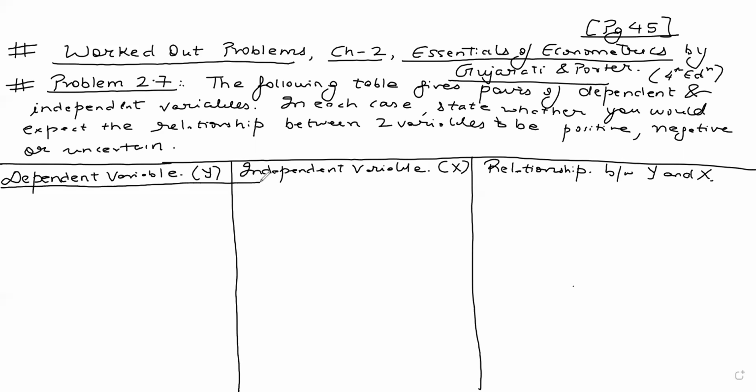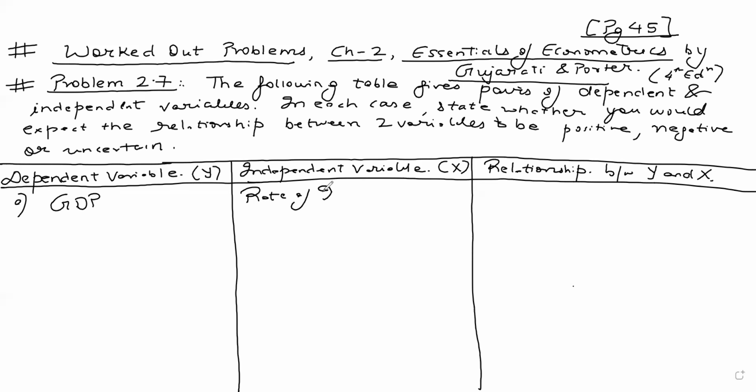So let's look at the first part, GDP. GDP is my dependent variable and rate of interest is my independent variable. Now, what relationship would we expect between the two? Now, guys, it depends upon the components of GDP.